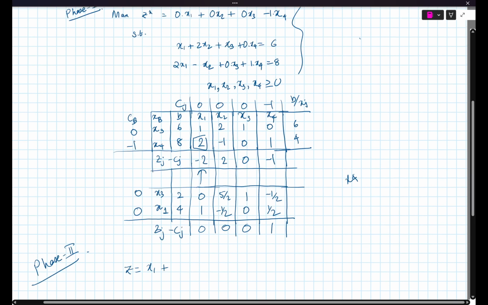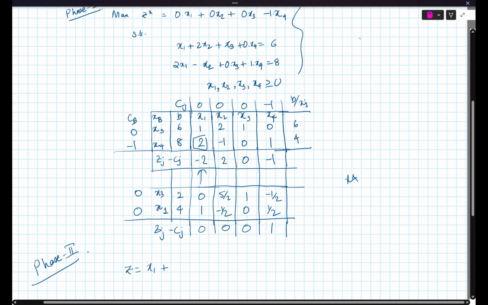So let's do another question. If we need to solve this, we can do it with the phase 1 method or anything. And we don't need artificial variables in this, I think.